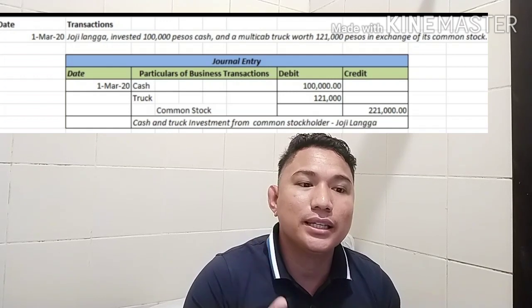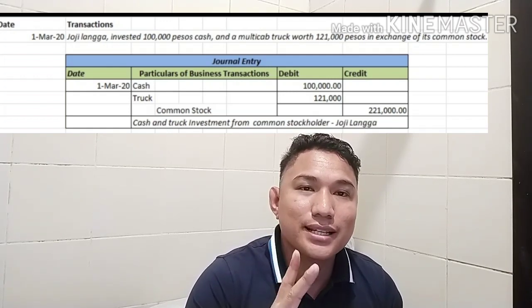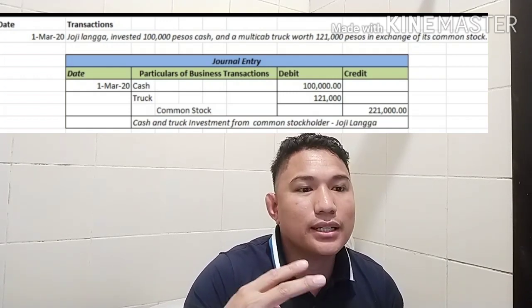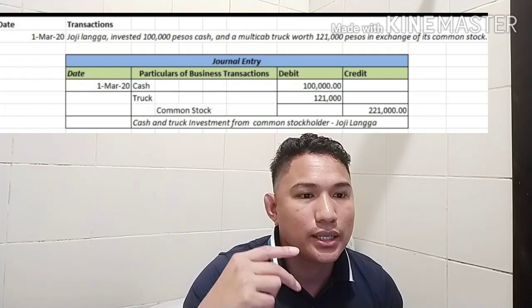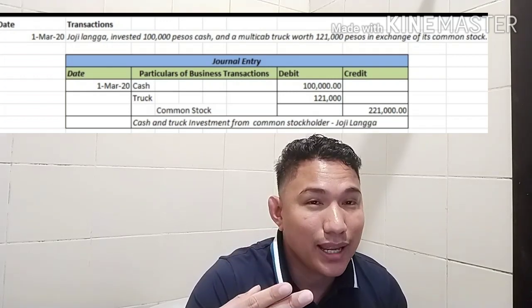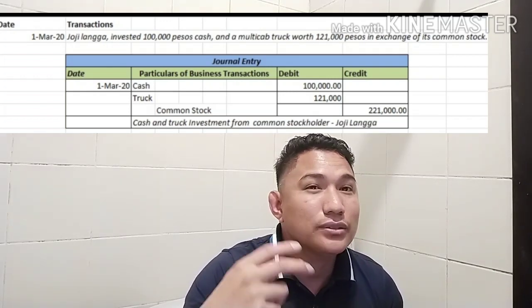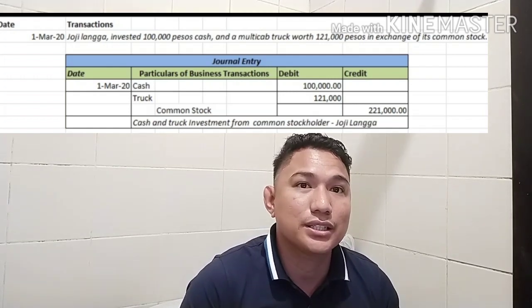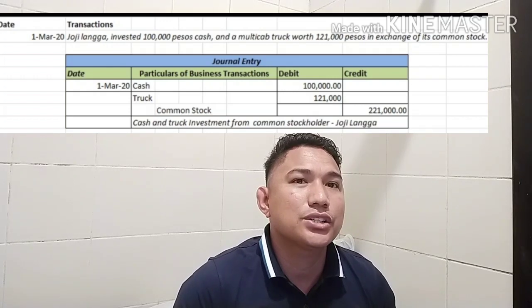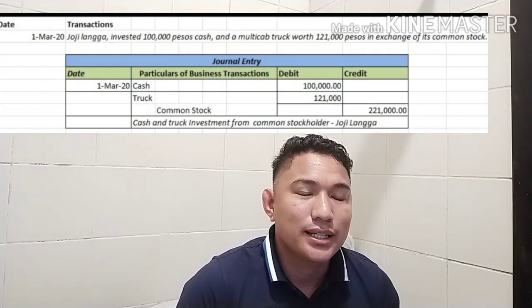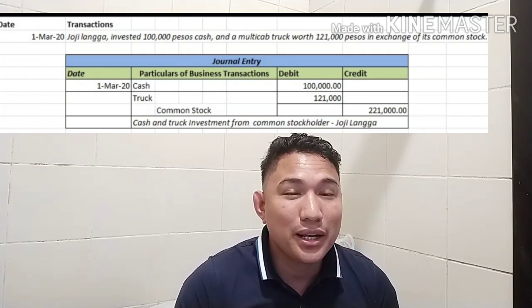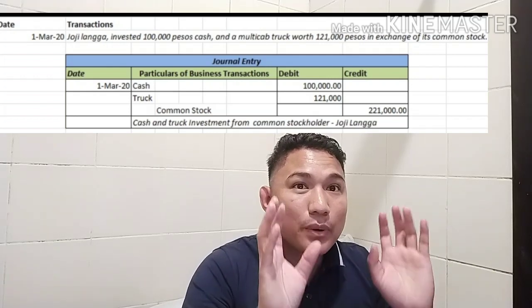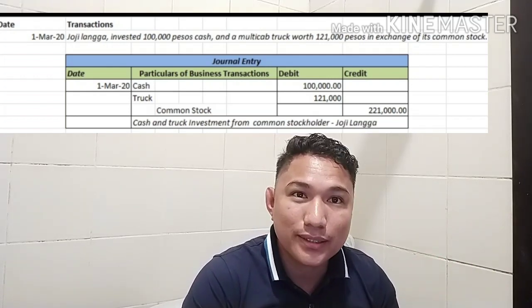Second, the particulars of the business transaction, which include the account titles and the explanation. The account titles that you are going to use and a brief explanation of the transaction. And then, what I was telling you a while ago is the column where you are going to put the amount.